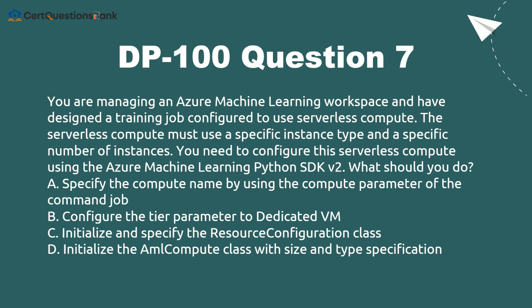You are managing an Azure Machine Learning workspace and have designed a training job configured to use serverless compute. The serverless compute must use a specific instance type and a specific number of instances. You need to configure this serverless compute using the Azure Machine Learning Python SDK version 2. What should you do?